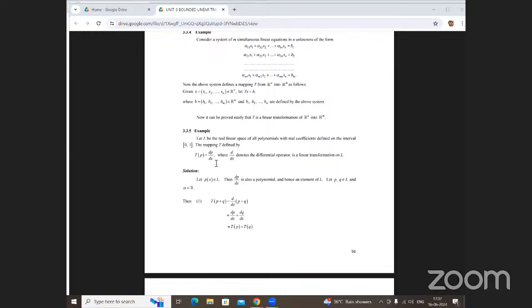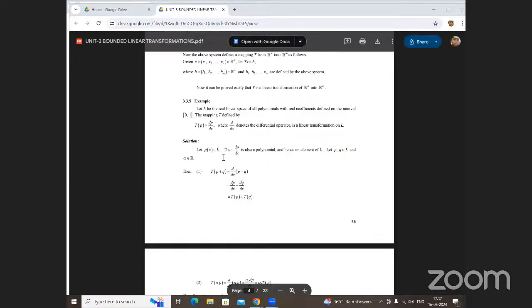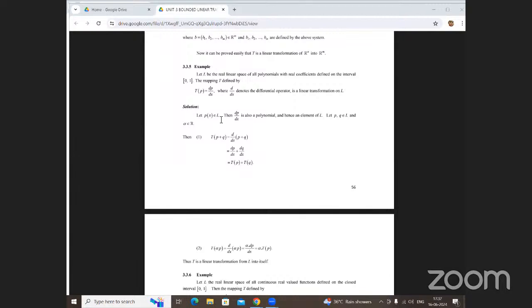Now, the differential operator is also a linear transformation. P(x) is a polynomial in the linear space, and dP/dx is also a polynomial, hence an element of the linear space.